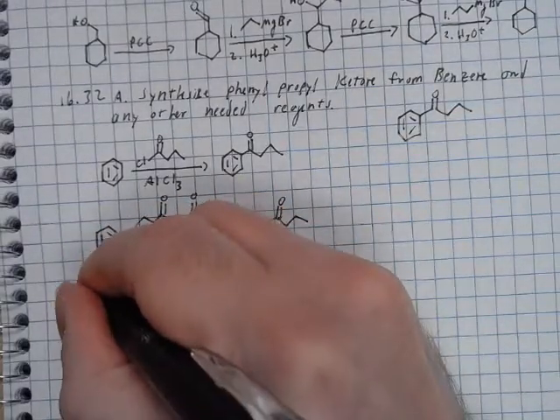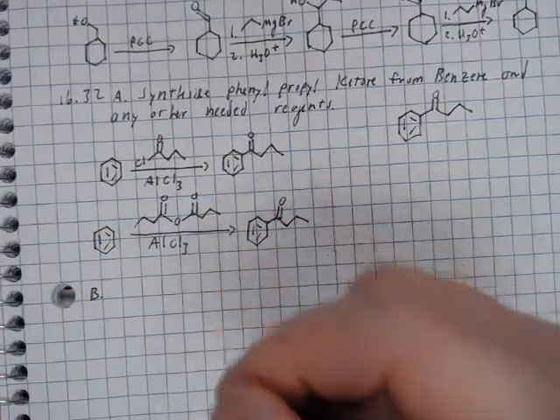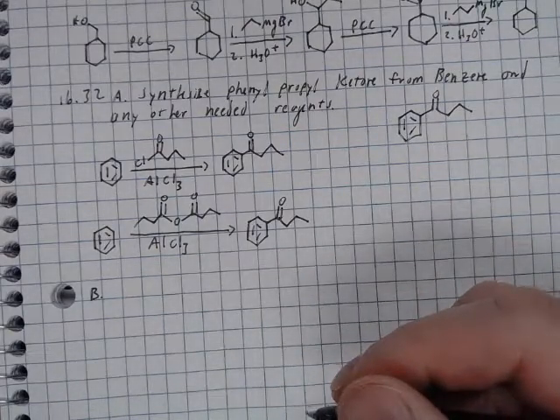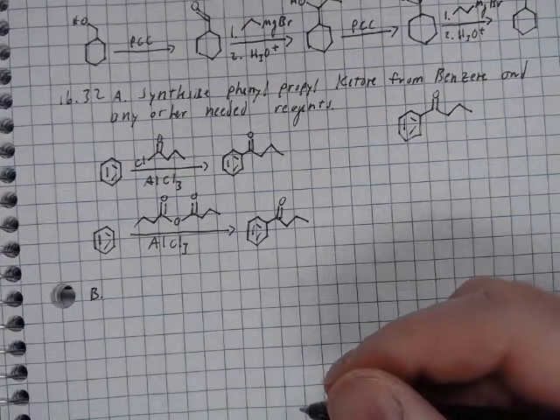So 1632 Part B. Give two methods for transforming phenylpropyl ketone into butylbenzene.